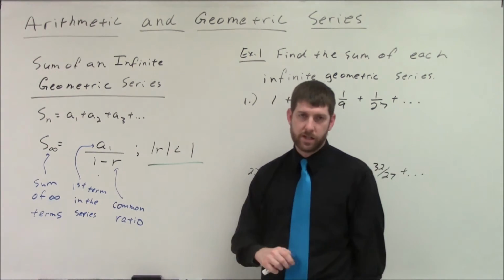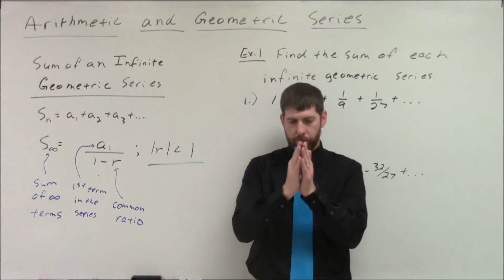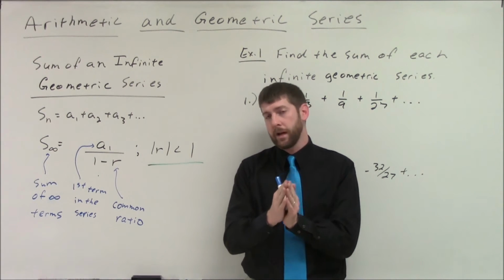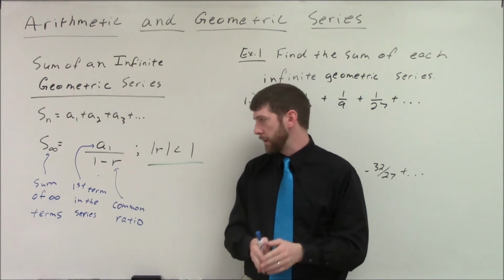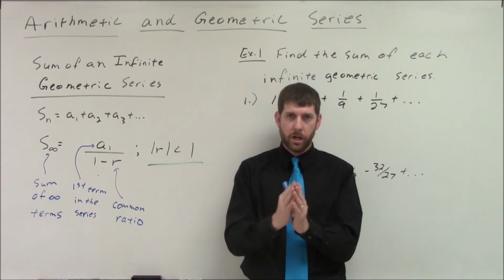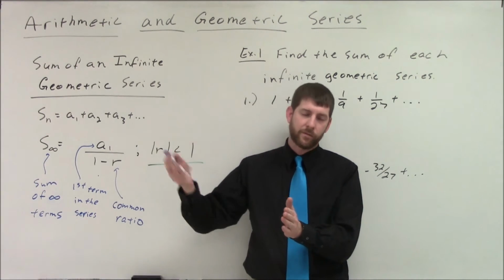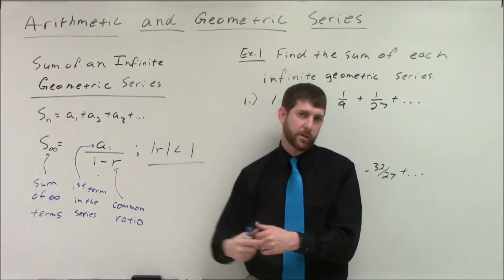And what's the significance of what happens at 1? Well, at 1, we move from, if we're multiplying, because that's what r is, it's what we're multiplying by every time. Well, if we're multiplying by 1, the numbers don't change. But if we multiply by a number greater than 1, the numbers are being magnified. They're getting bigger and bigger and bigger every time.